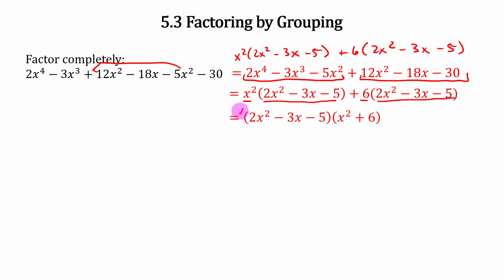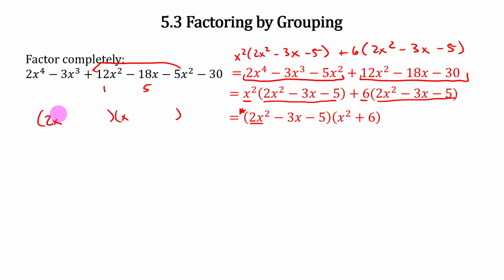Well, I have a good old-fashioned trinomial. I need to try to work it out. In my head, I try to brute force this. I look at what multiplies to 2x squared. Well, it's going to be 2x and x. And then for 5, all I've got is 1 and 5.